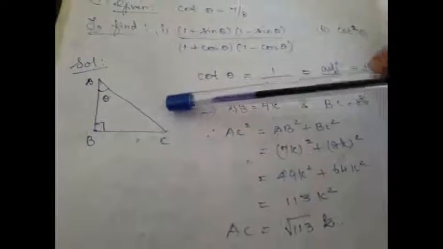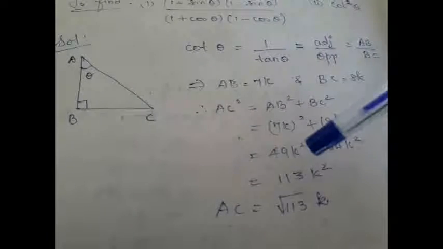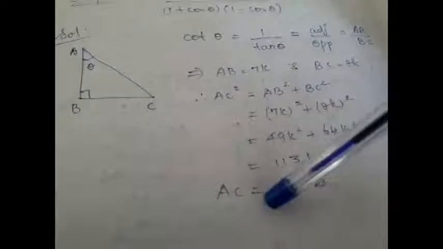So using these two we can find what is our AC. AC square is going to be AB square plus BC square. So 7K the whole square plus 8K the whole square. So it will become 49k square plus 64k square, which is 113k square. So what is your AC? Square root of 113k. Alright. Now we know all the three values.